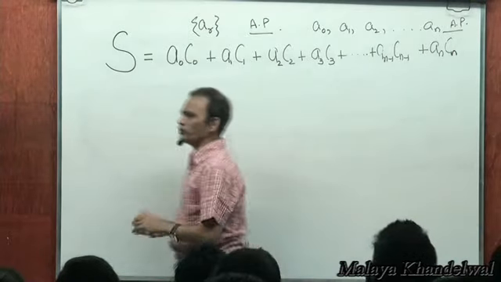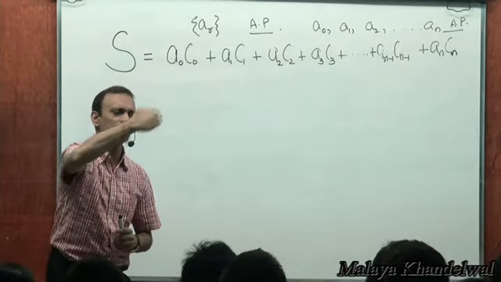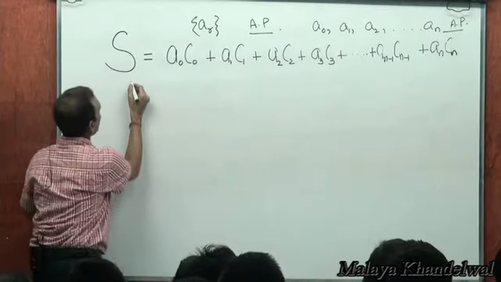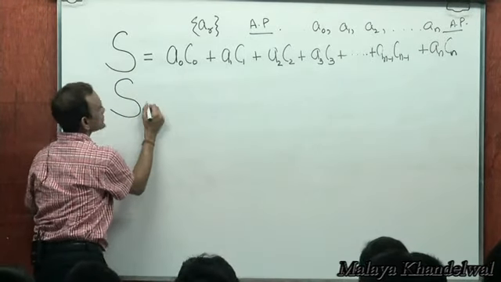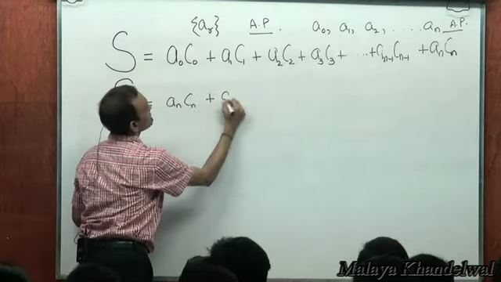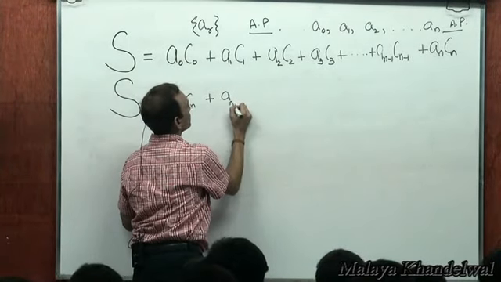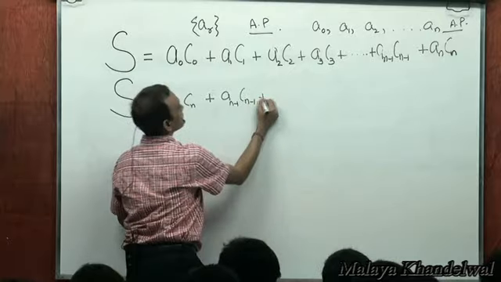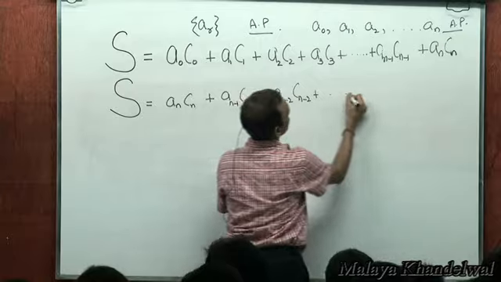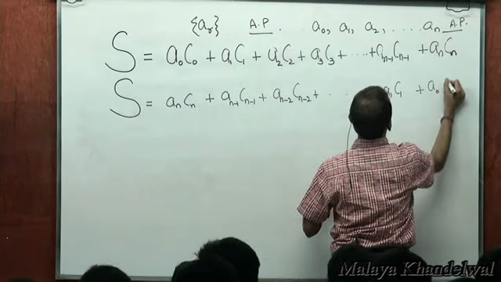Now again, what I do is I deploy the same method of reversals. I write the last term first, second last term second, and so on and so forth. So let me again deploy the method of reversals. AnCn + A(n-1)C(n-1) + A(n-2)C(n-2) + ... + A1C1 + A0C0, right?